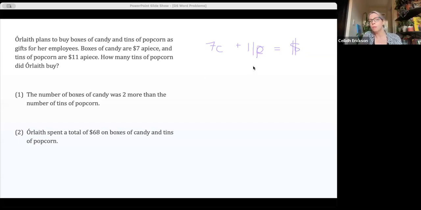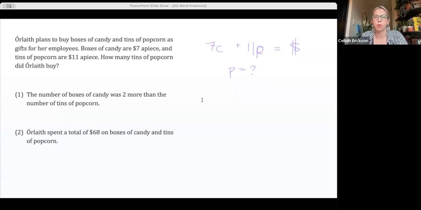So we have some, at least, setup of the information, but we definitely don't have a full equation that we can construct from the givens. And we want to know how many tins of popcorn. So P equals what, or T equals what, or whatever variable you use there. So, okay, if we translate the statements into algebra, the number of boxes of candy was 2 more than the number of tins of popcorn.